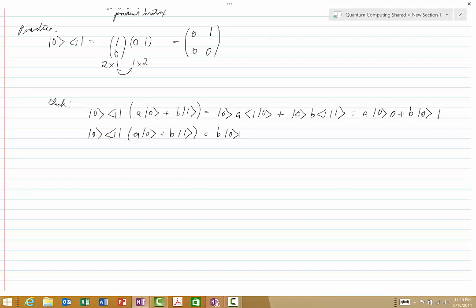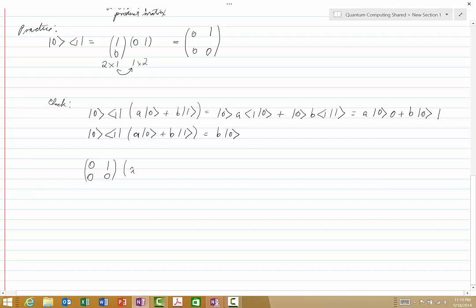Now let's check the matrix we obtained and see if it would give us the same conclusion. Okay, so we're going to replace the operator. If this matrix really is the correct matrix, then we ought to be able to replace the operator with it. And now we have to put the state in vector form too.